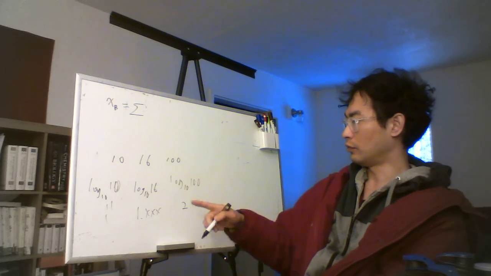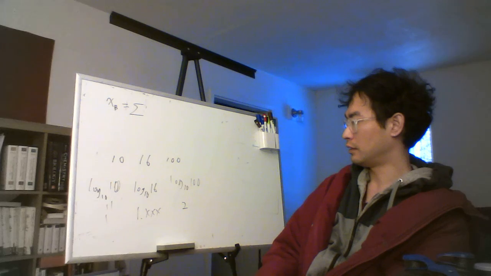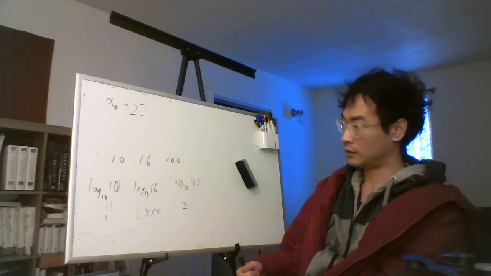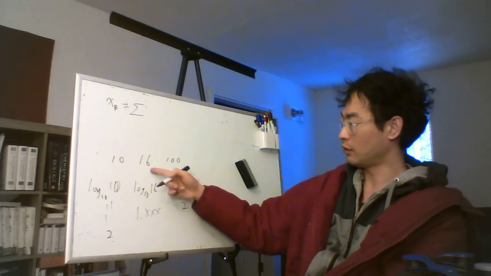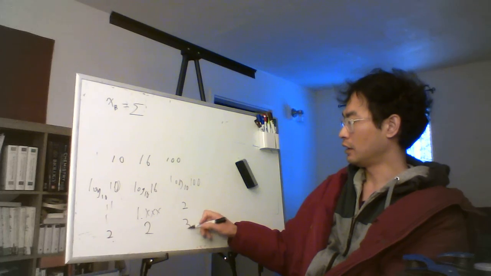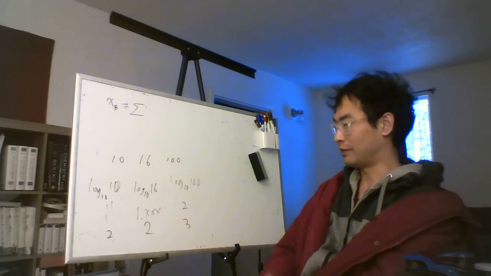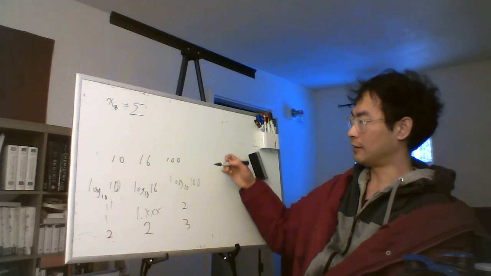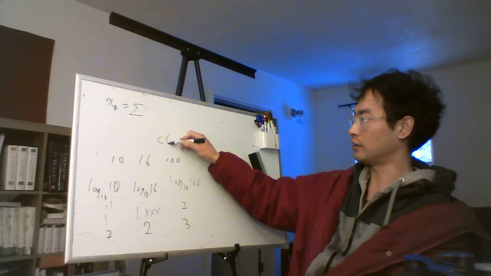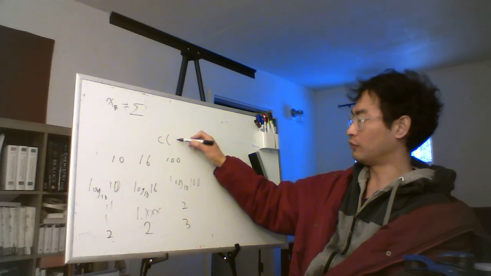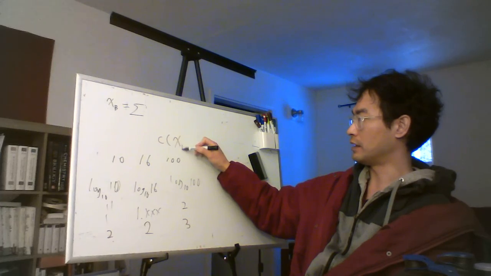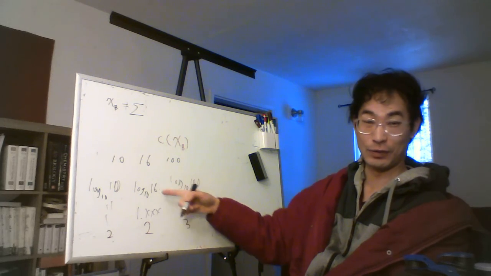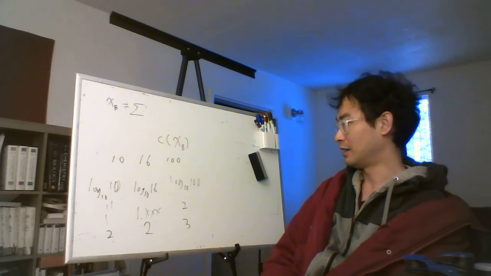So the number of digits here is 2, here 2, here 3. So our formula was a little bit off, but not by much. It was off by 1. So the digit counting function of x in base b is not equal to the ceiling of the logarithm. I'm sorry, I was wrong.